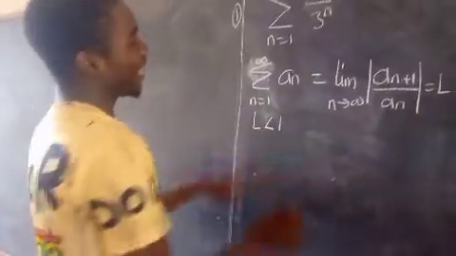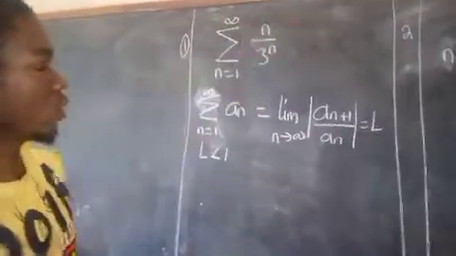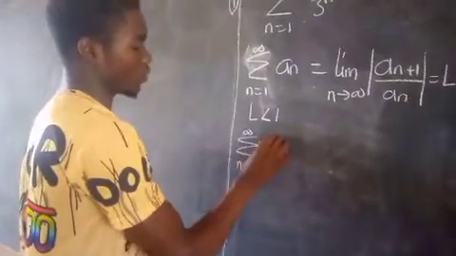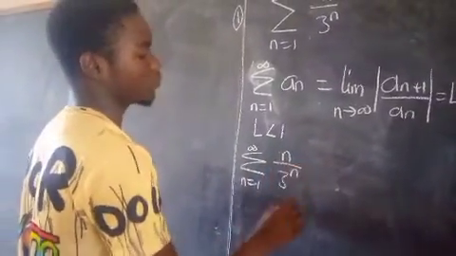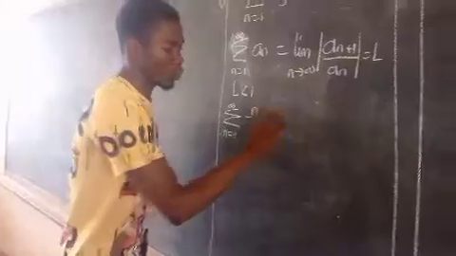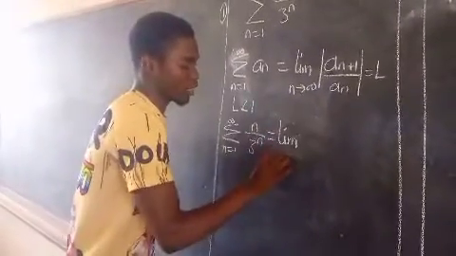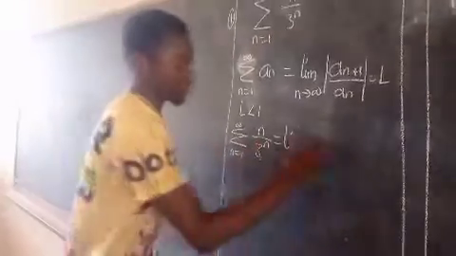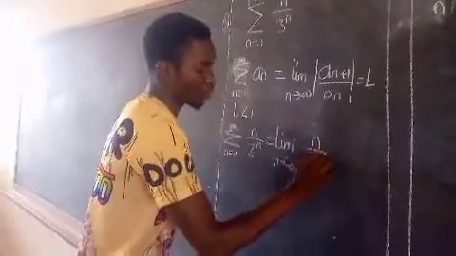Good. So now let's check if this series converges. Let's look at the series as n goes from 1 to infinity of n over 3 raised to the power n. Everything is positive, so there's no need to take the absolute value sign. We're going to have the limit as n goes to infinity. Our a_n is equal to n over 3 raised to the power n.